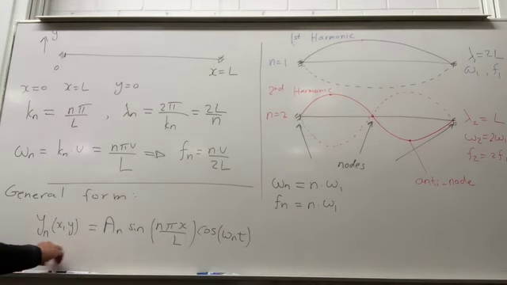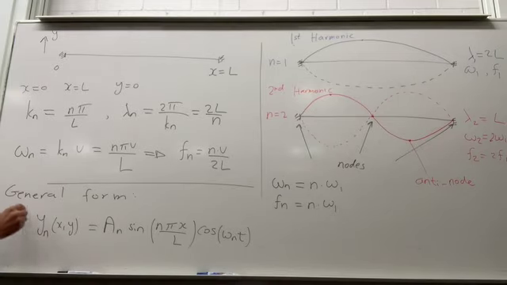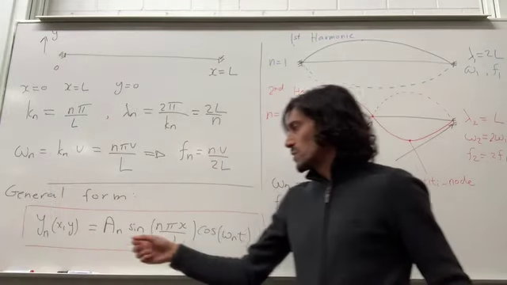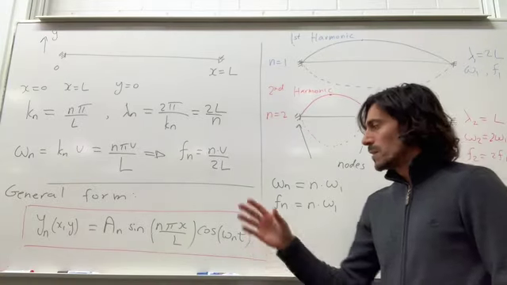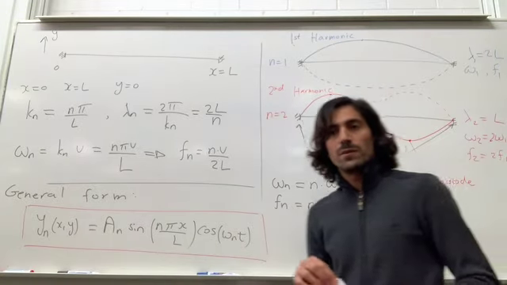This is the general form of a standing wave. Now, take any linear superposition of such waves and put them together, that would satisfy the wave equation.